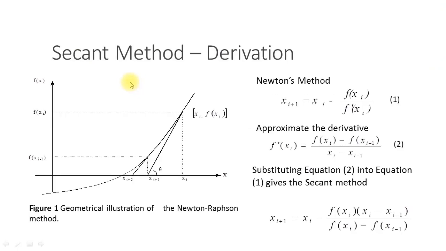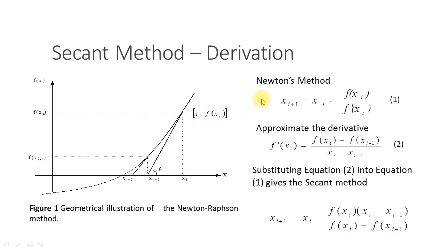Now, to derive the secant method, dear students, since we have a nonlinear equation, this is the curve of the nonlinear equation, and here the domain points xi plus 1 and xi plus 2, and the y vertical points are f of xi minus 1, and here we have a point xi, f of xi.